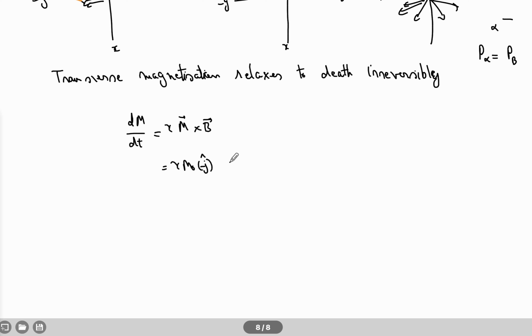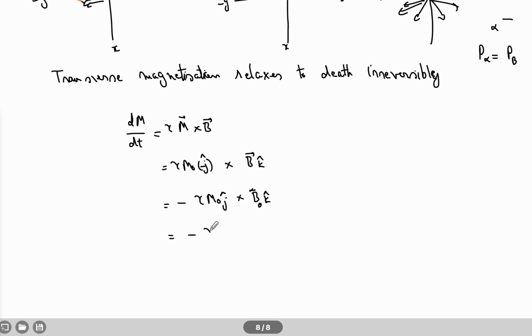Cap cross, and if B is still along k-axis, right? That is z-axis. So minus can be taken out: m0 j cross B k, or B0 k. Now j cross k is not 0, right? So j cross k will be i, right?